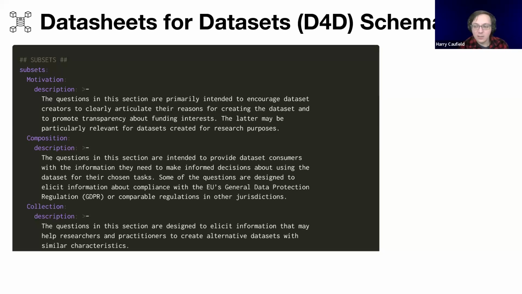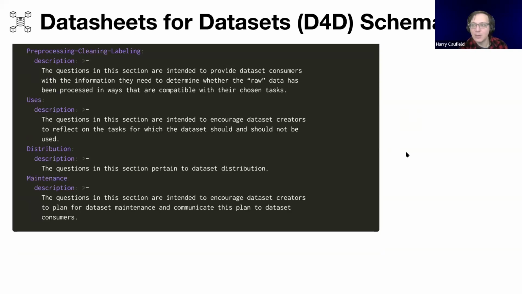But the main focus areas here are the motivation for creating the dataset, the composition of the dataset, that is what's actually in there, and we'll be able to answer your question about, okay, is it appropriate for me to use this dataset? The details of collection, that is what actually went into collecting it, especially details about the subpopulations that were involved.